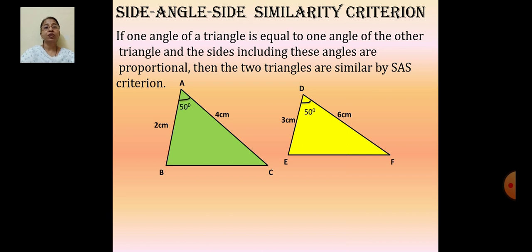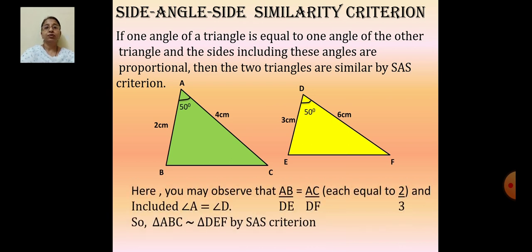Okay, so here you may observe that AB upon DE is 2 upon 3 and AC upon DF is again 2 upon 3, right? So these two sides are proportional with the corresponding two sides of the other triangle, and the angle A, which is included between these two sides, is equal to angle D of the other triangle.